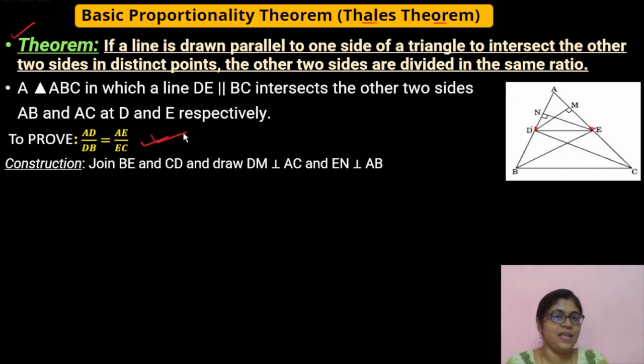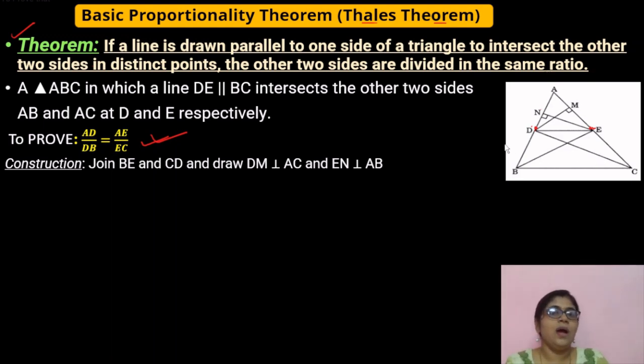This is what we have to prove. Before proving the theorem, we have to do some construction. Let's join BE and CD, and draw perpendiculars EN to AB and DM to AC.